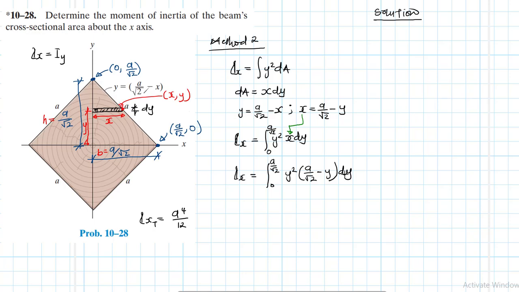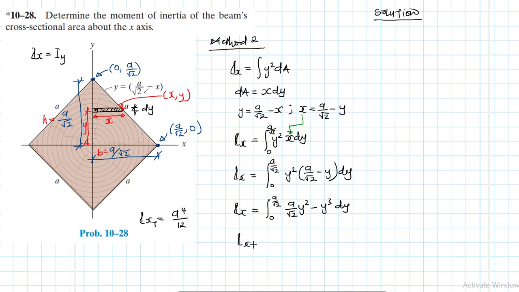Great. So then expanding that, then we are going to have integral from 0 to a over root of 2 of a over root of 2 times y squared, minus y to the power 3 dy.